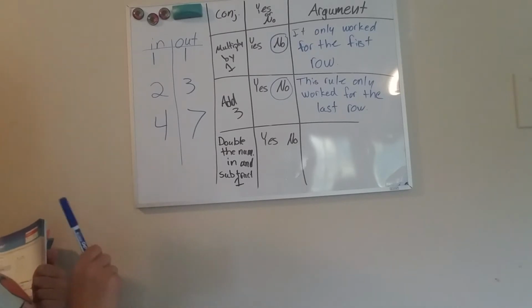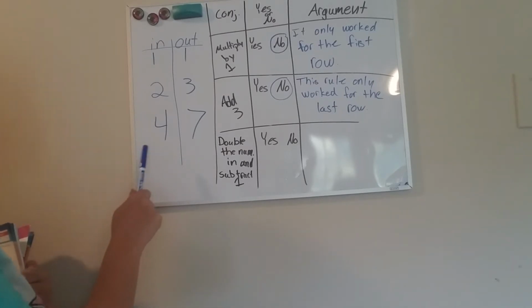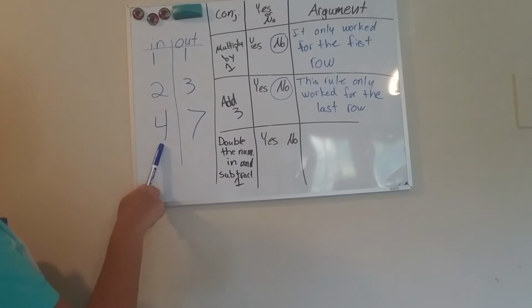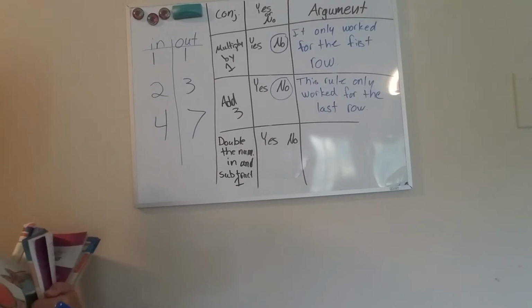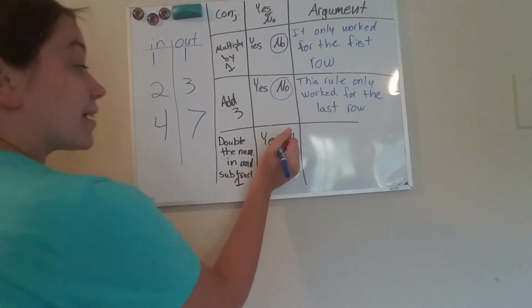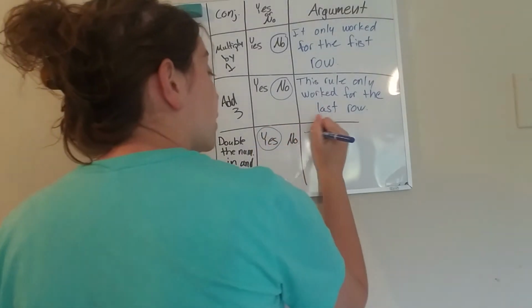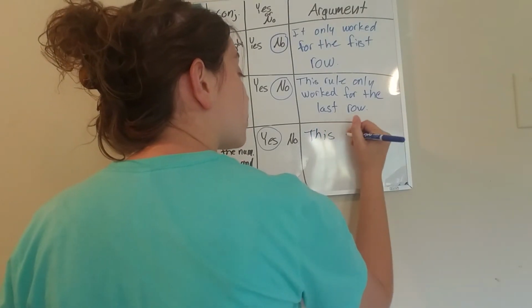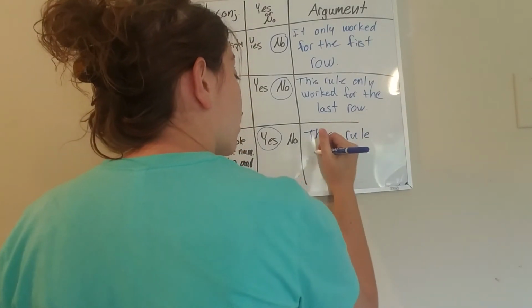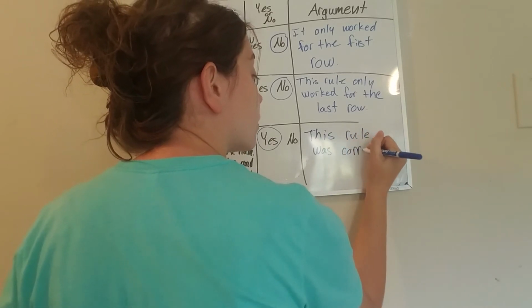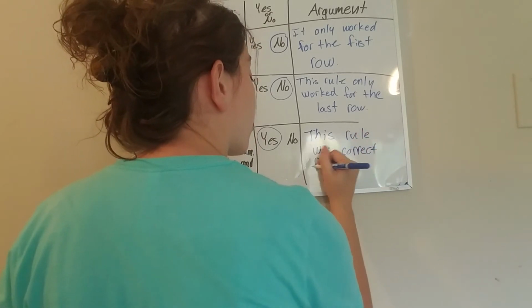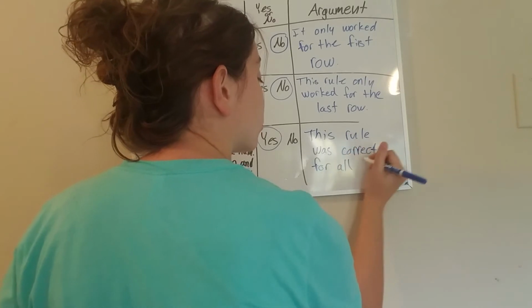Let's see if it worked for our last row. It might be the right rule. 4 times 2 is 8. 8 minus 1 is 7. So did it work for all of our rows? Yes. This rule was correct for all rows.